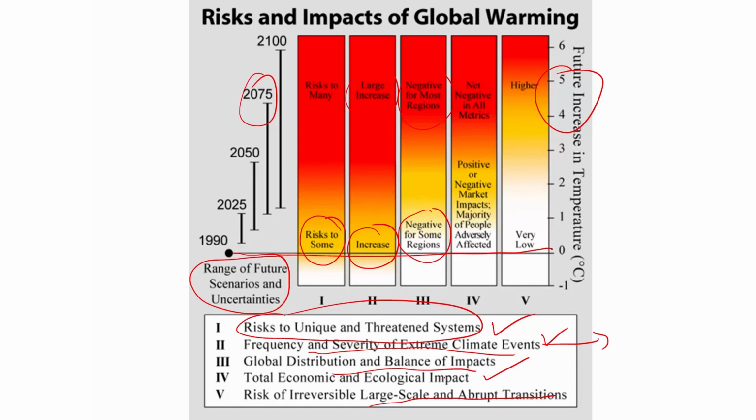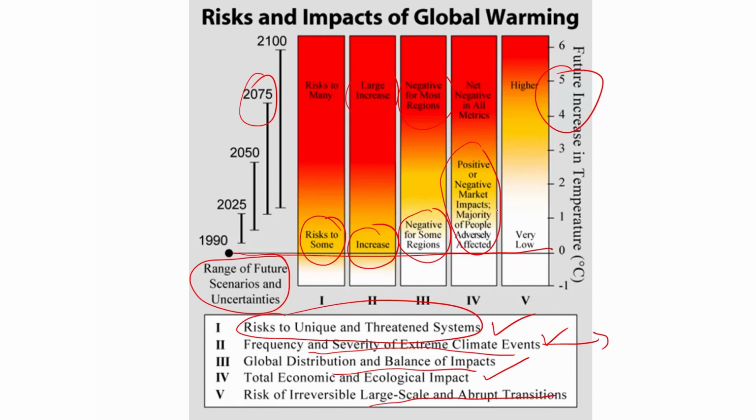Ecological and economic impacts are positive or negative in terms of market impacts, but already majority of the people are adversely affected. There are many measures by which this is done, but if you look at the recessions and how they propagate through the system, how wages don't grow and how they propagate through the system, and how wars spread, how conflicts begin to spread and become interlinked and so on.